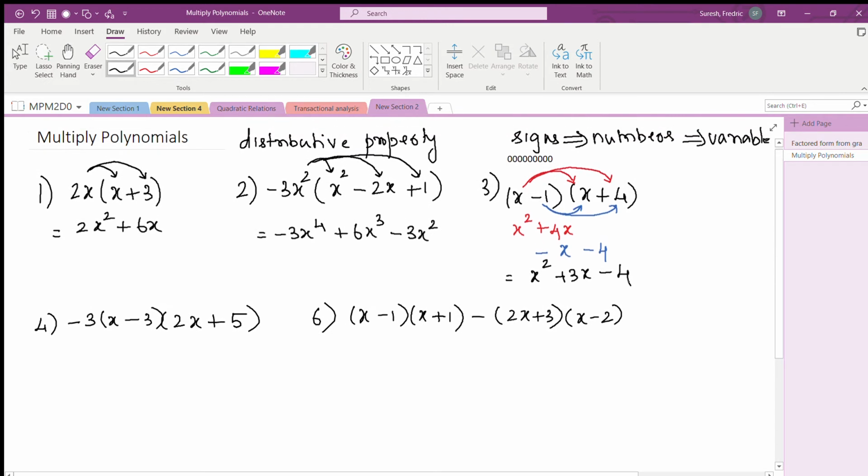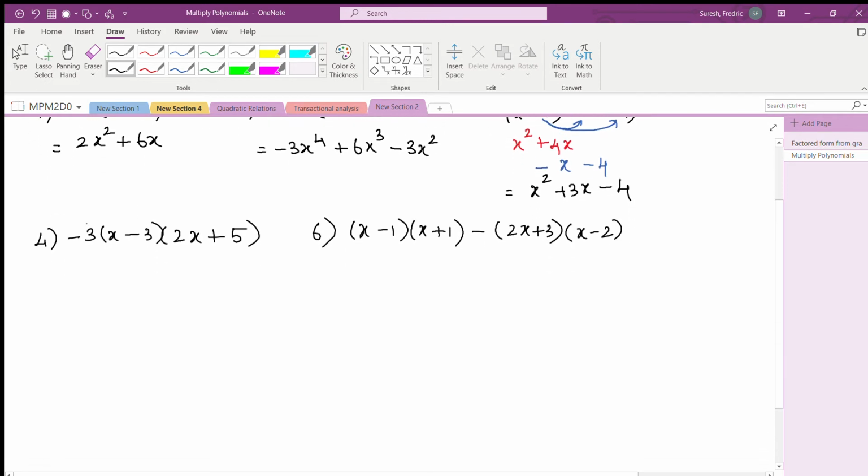Same idea in the next example that we have here. Here we have two choices. We can first multiply the negative 3 into the first bracket, and then multiply the whole thing into the second bracket. But I choose to do it slightly differently. Either way, you will get the same answer.